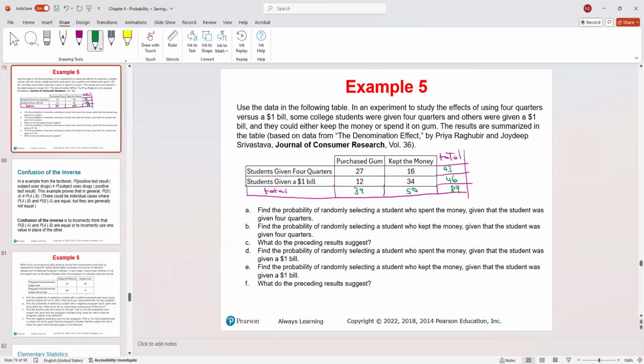They're gonna show you in this table exactly what happens if you have students given 4 quarters. We're gonna see if they spend the money to buy gums. Find the probability that a randomly selected student will spend the money, I mean, buy gums.